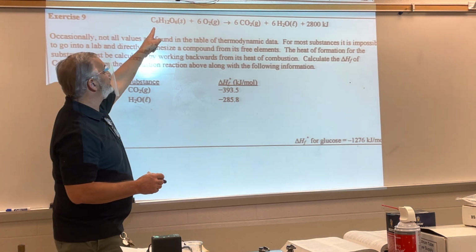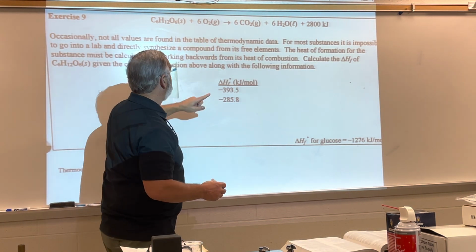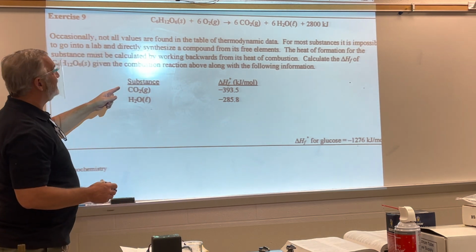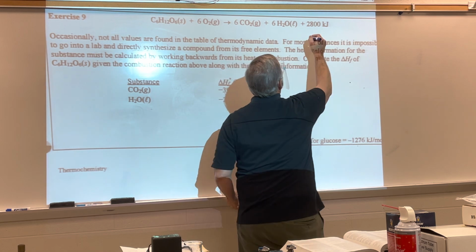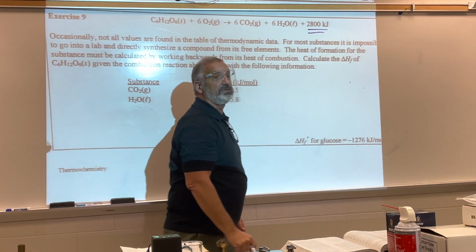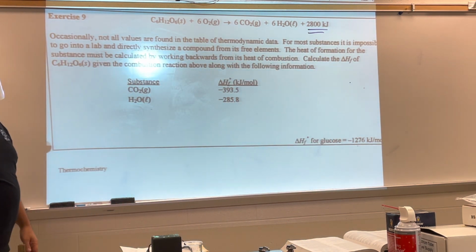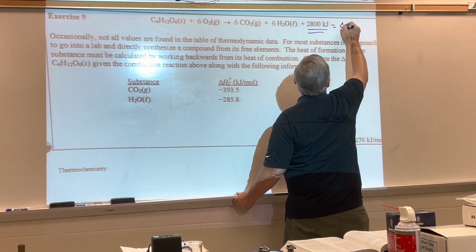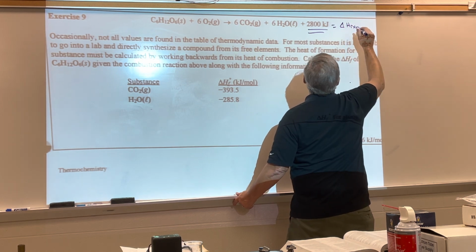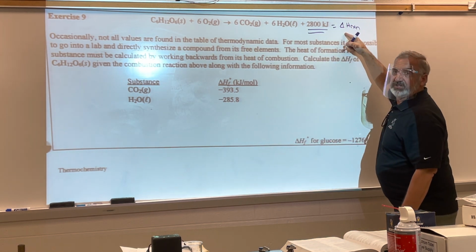So here's my reaction, okay? But it says now, what is this telling me right here? What is that value? That's the heat of the reaction. But what sign is it really going to be for delta H?